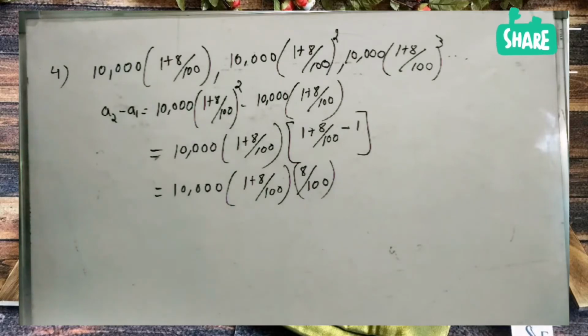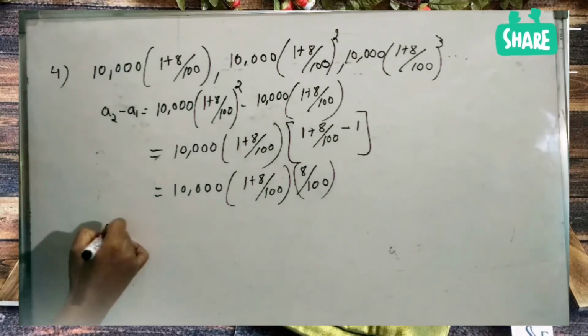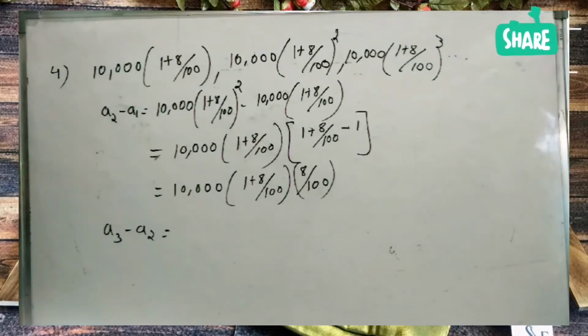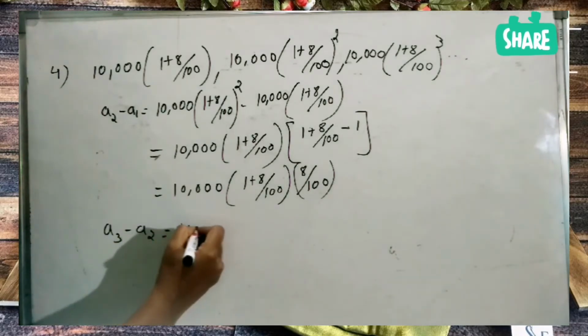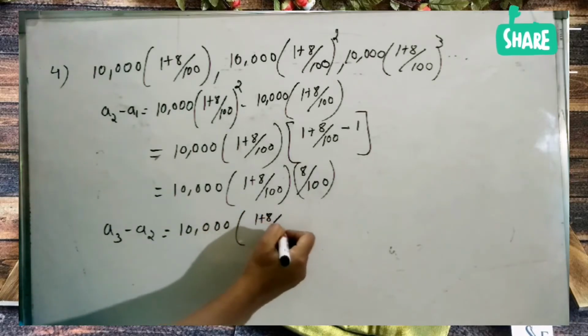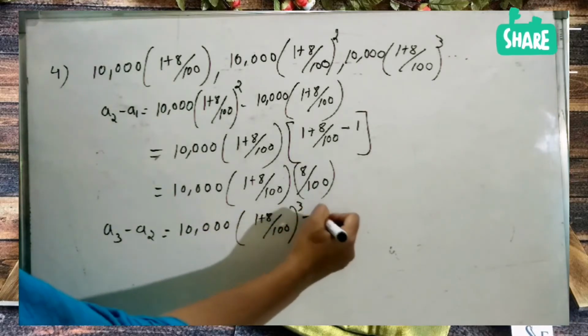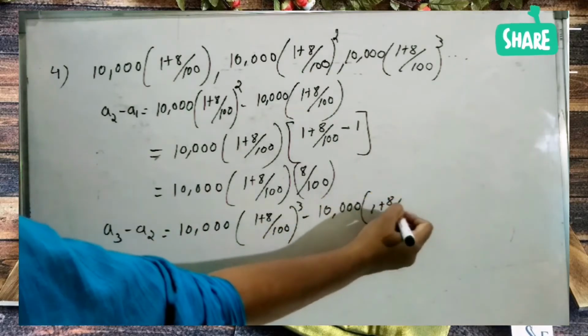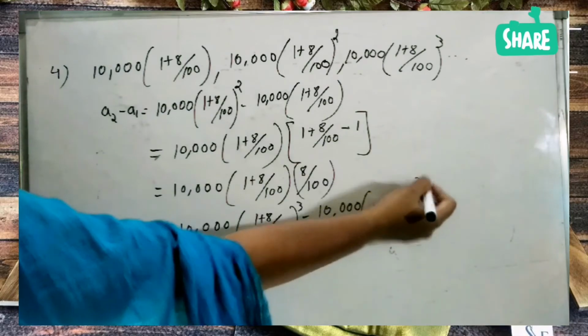Now A3 minus A2. That is 10,000 into (1 + 8/100) all cubed minus 10,000 into (1 + 8/100) all squared.